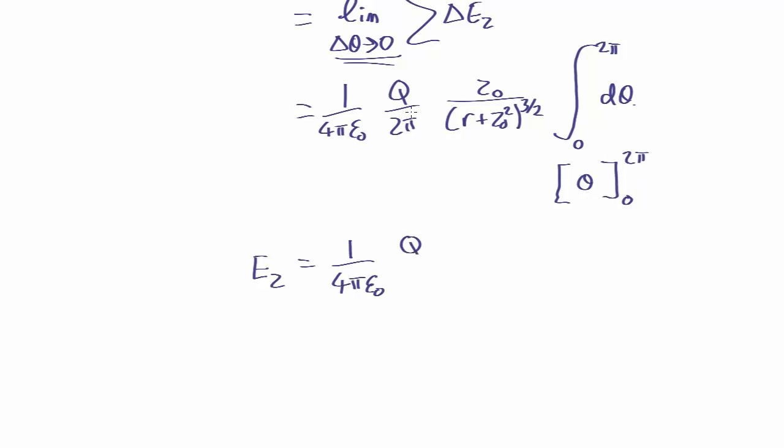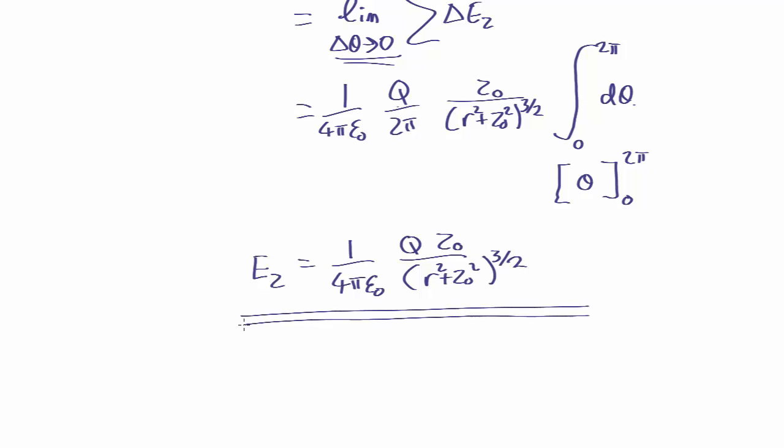The 2 pi from here cancels out with the 2 pi from there. Z naught all over (r squared plus z naught squared), and there should be a 3/2 power up there. And that's the equation for the electric field along the axis of a ring of charge at some distance.